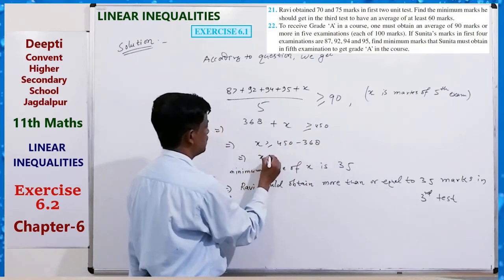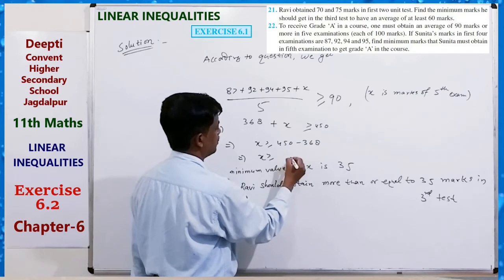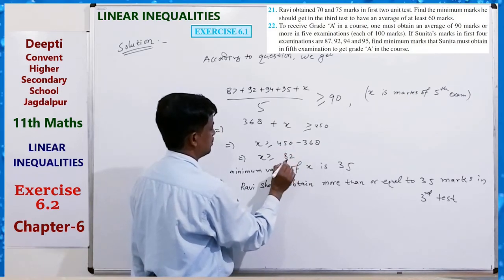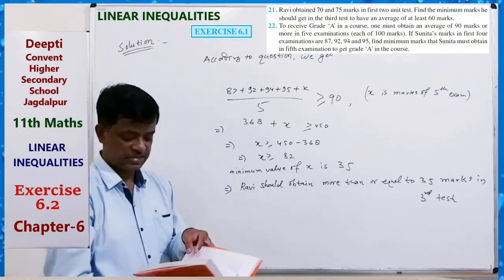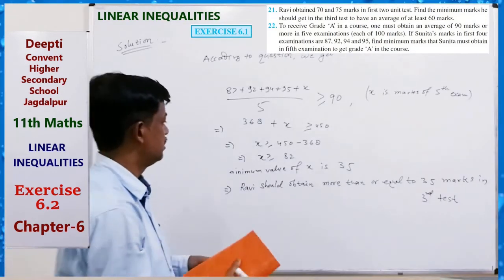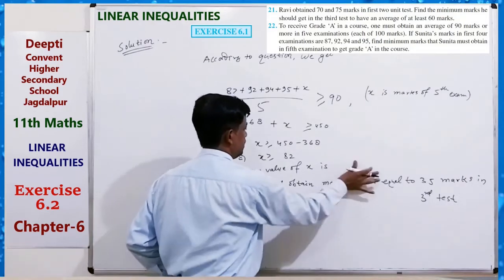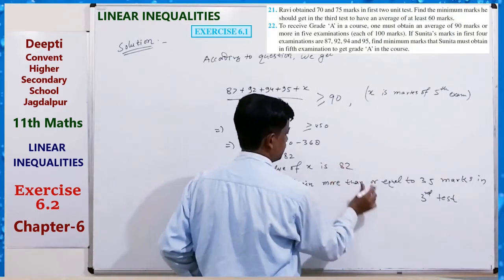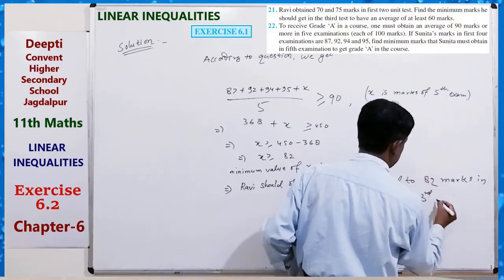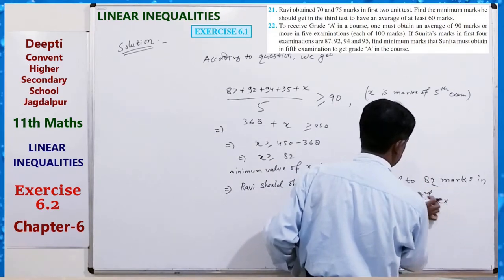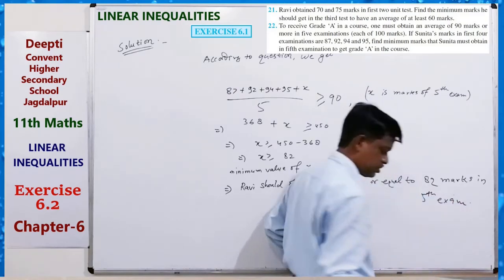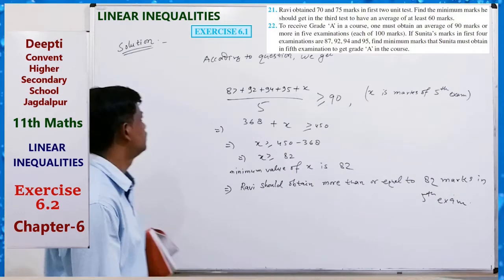So x is greater than or equal to what? 82. So the answer is 82 in the fifth exam. You can get the solution just like this.